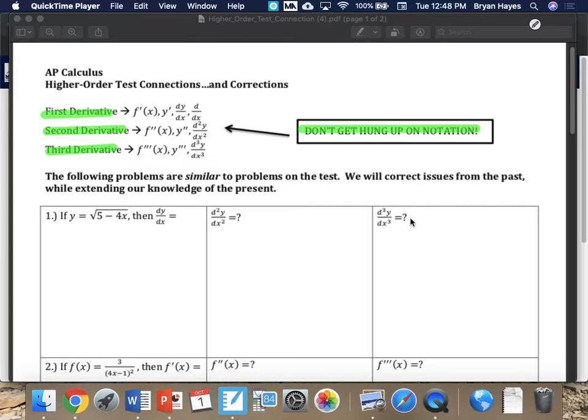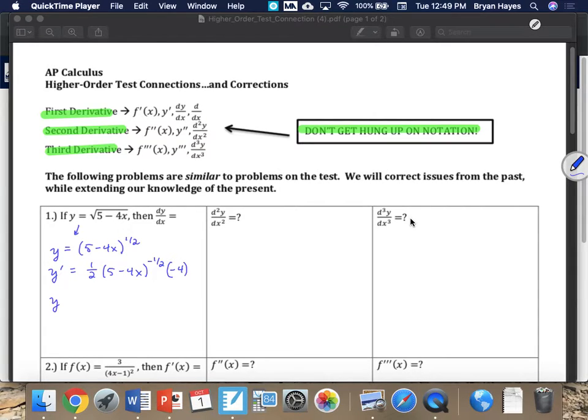In our first example here, first thing we'd want to do would be to write our function as 5 take away 4x to the 1/2 power, the preparatory line there. So y prime would equal 1/2 times 5 minus 4x to the negative 1/2 times, and then we're going to go inside and catch the derivative of that 5 minus 4x, negative 4.